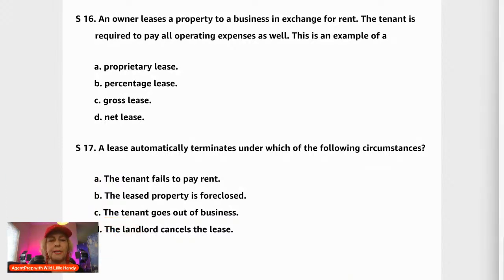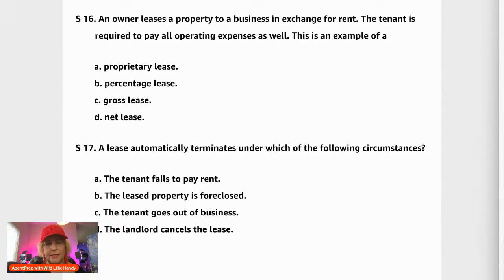An owner leases a property to a business in exchange for rent. The tenant is required to pay all operating expenses as well. This is an example of A, proprietary lease, B, percentage lease, C, gross lease, or D, net lease. So the tenant is required to pay all operating expenses.